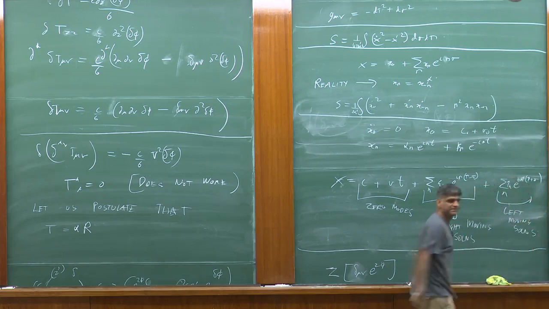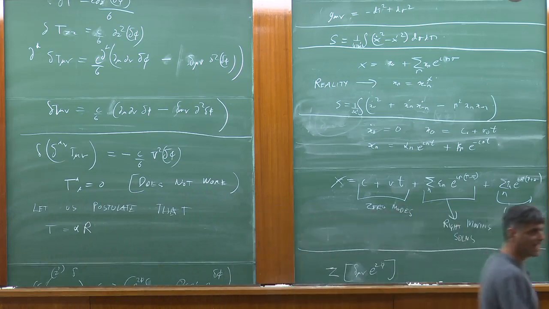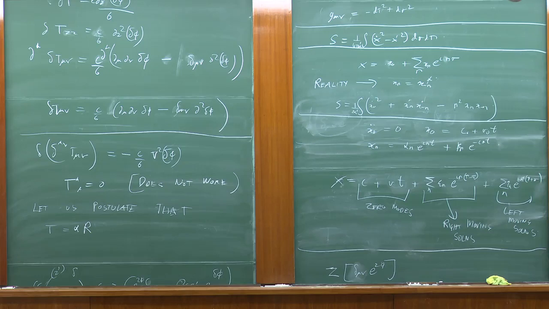So classically, we've completely solved the theory. The general solution is a sum of zero modes, left movers, and right movers.